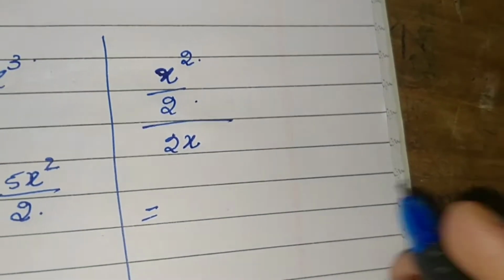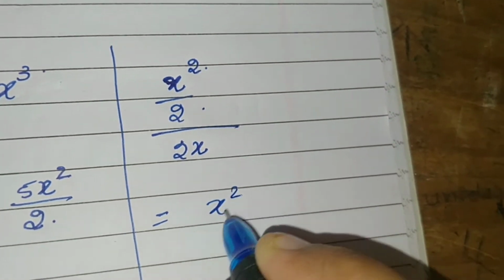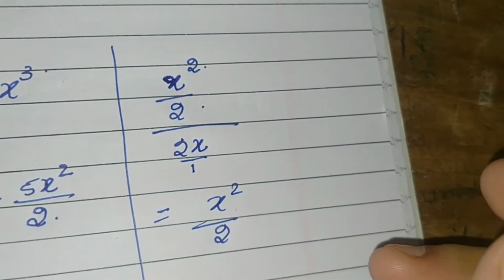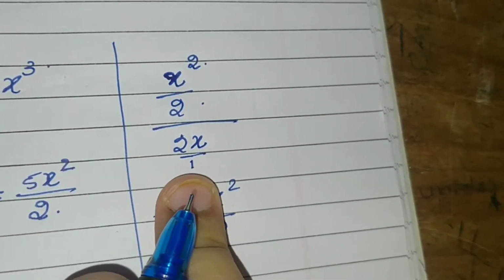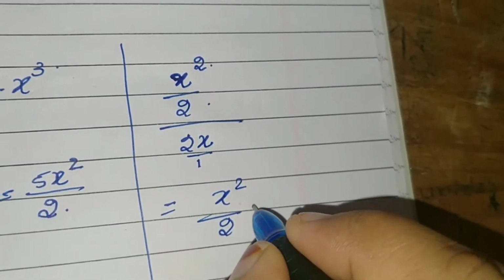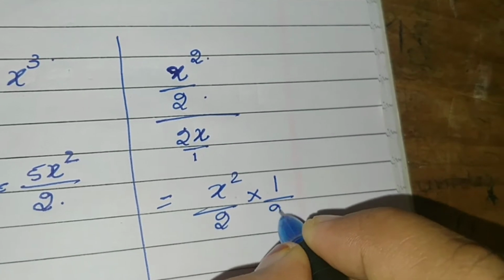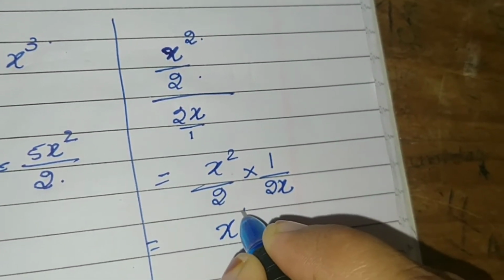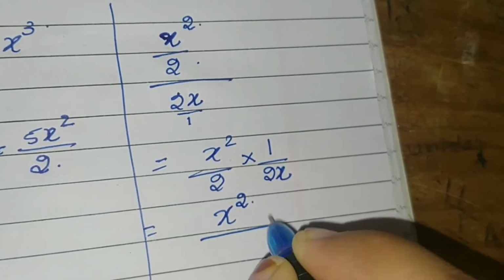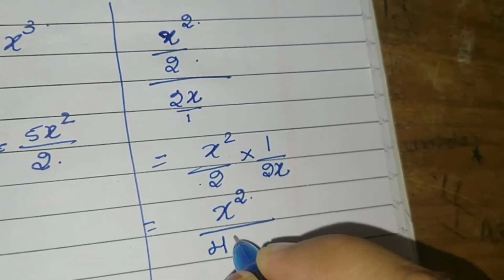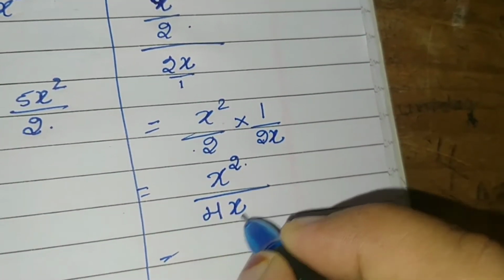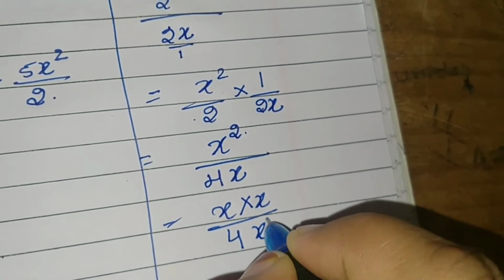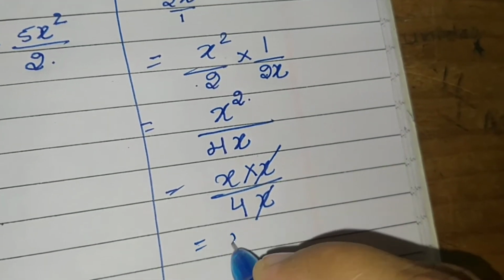Here nothing is there with 2x, which means you have to consider it as 1. So it will go up and become 1 divided by 2x. X square into 1 is x square, 2 2s are 4, x as it is. X square means x into x, 4x. X and x will get cancelled. What is remaining?